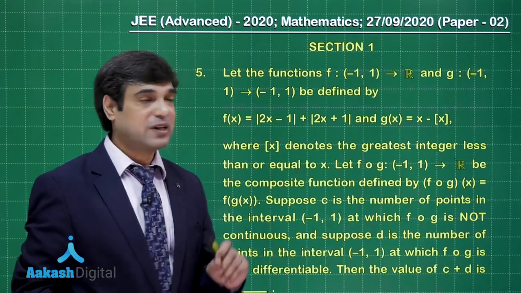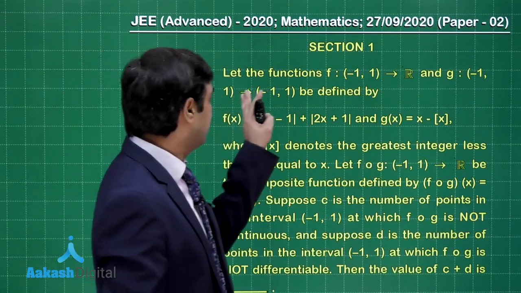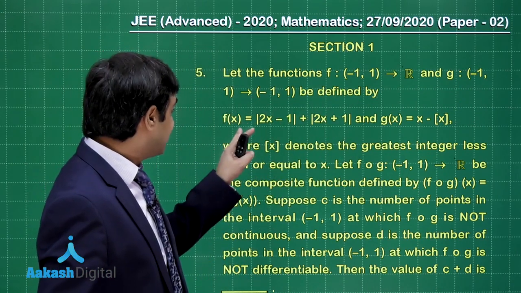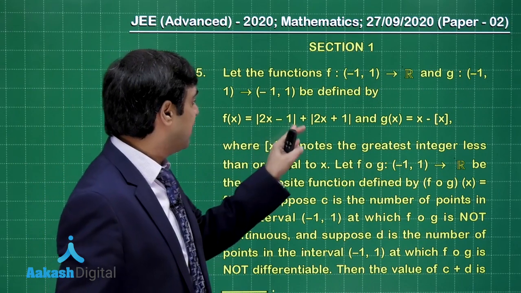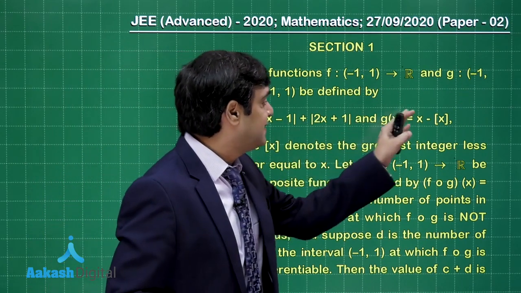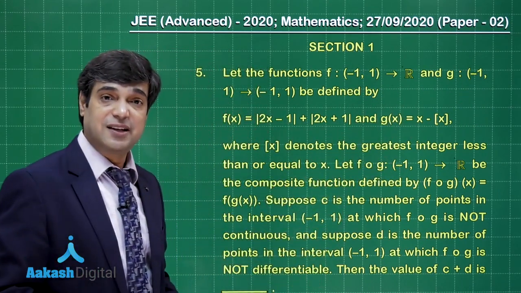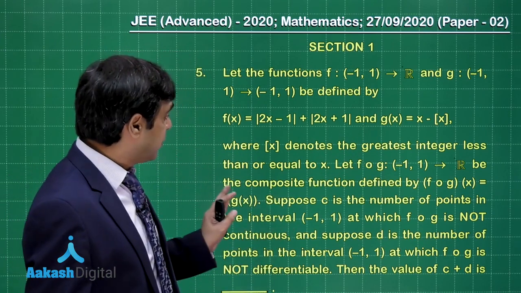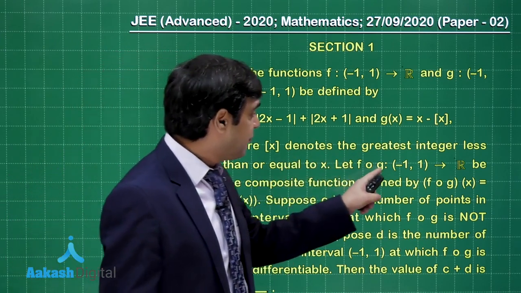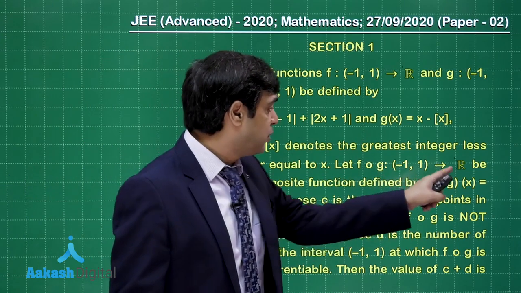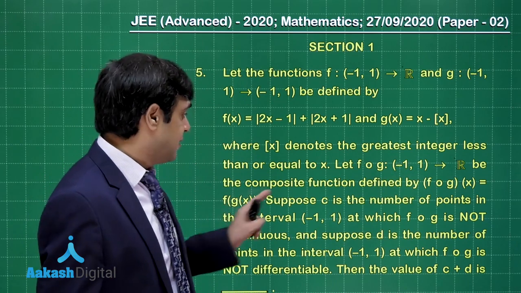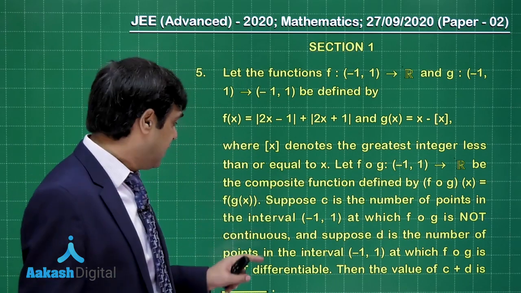Moving on to the next question now, that is question number 5. Let f and g be defined as f(x) is given as mod of 2x minus 1 plus mod of 2x plus 1, while g(x) is x minus greatest integer x, or simply you can say the fractional part of x. Now what the question is talking about: let f∘g from minus 1 to 1 to R be the composite function defined by, simply we know that this is f(g(x)).